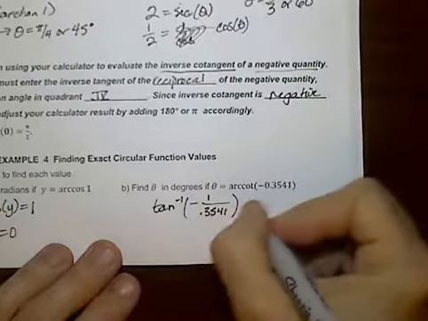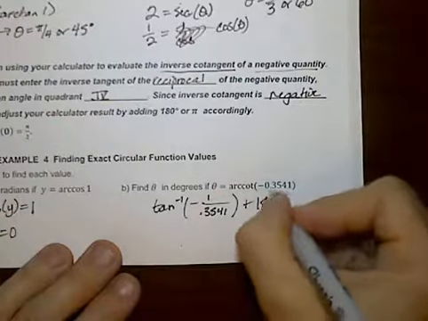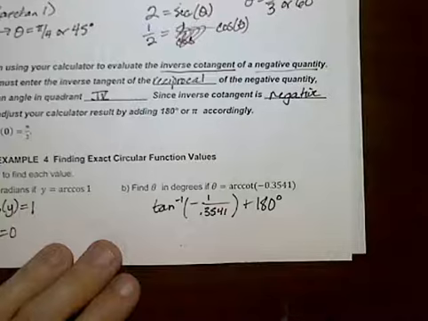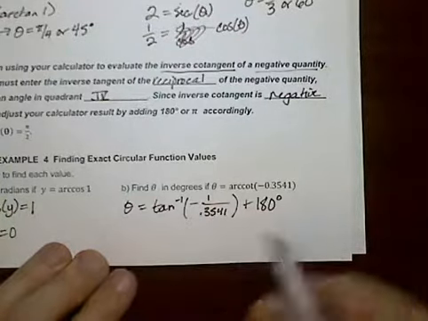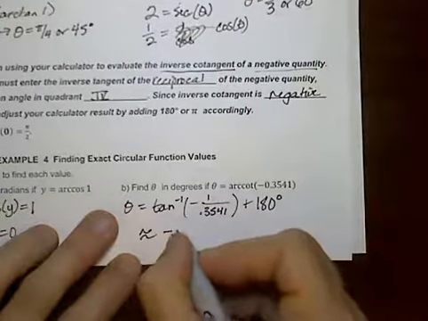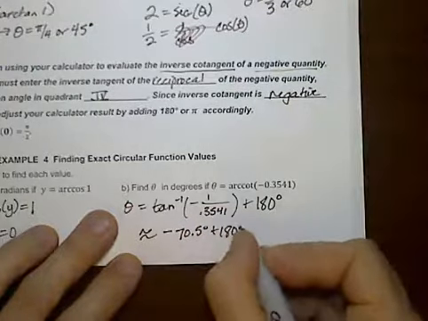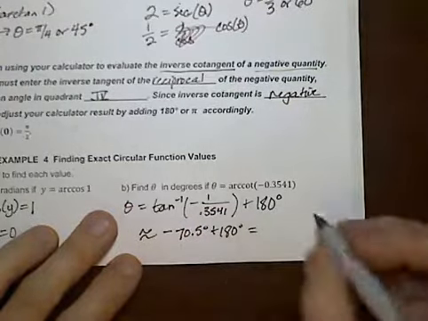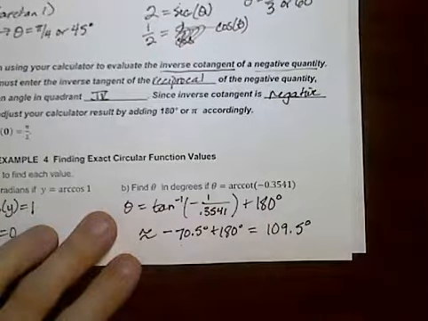So we're going to take this answer and add, since we're in degrees, 180 degrees. So if on your calculator this turns out to be approximately negative 70.5 degrees, we're going to add 180 degrees to that to get to the 2nd quadrant, which is going to give us 109.5 degrees.